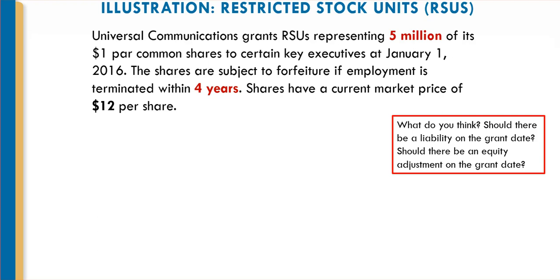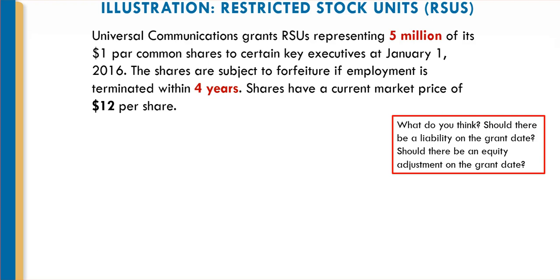How much of the compensation expense should be related to the first year? Since it's going to be over a period of 4 years, you're going to say 1/4. Now, what is the value of the compensation?